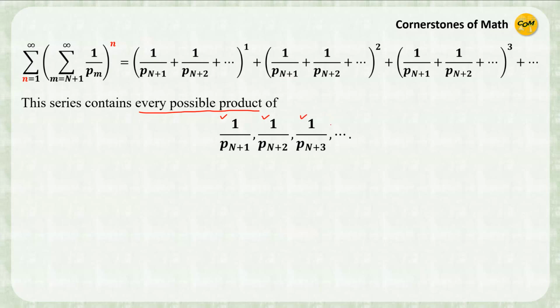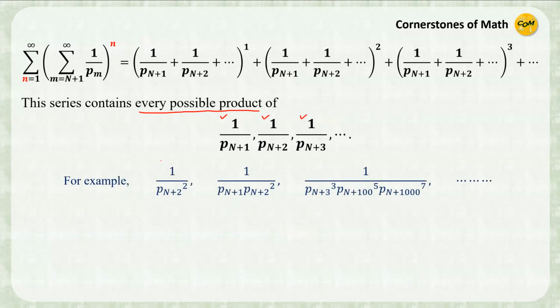and so on. For example, it contained terms like 1 over p capital N plus 2 squared, 1 over p capital N plus 1 times p capital N plus 2 squared, and even this weird thing such as 1 over p capital N plus 3 cubed p capital N plus 100 to the power of 5 times p capital N plus 1000 to the power of 7, and on and on.